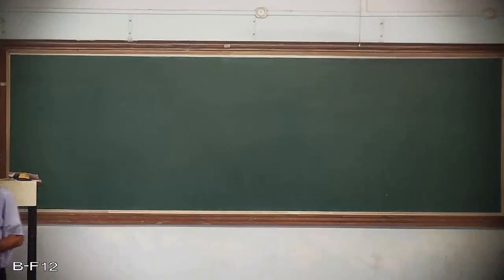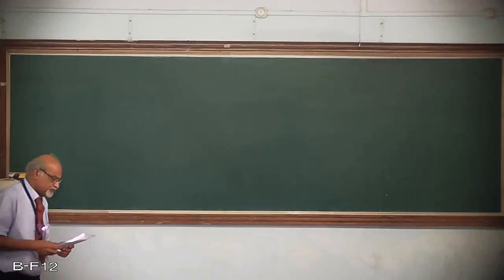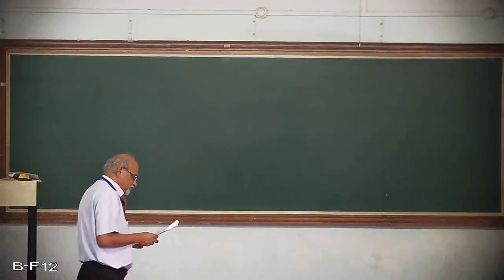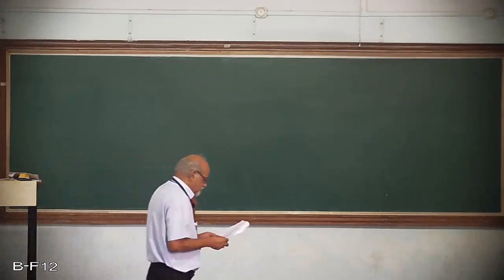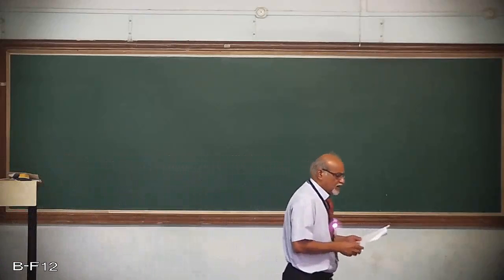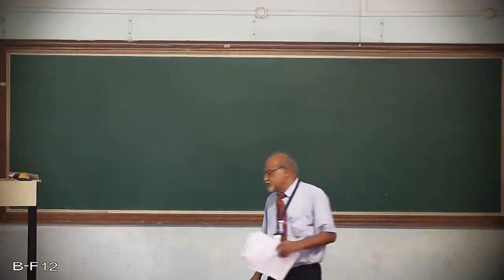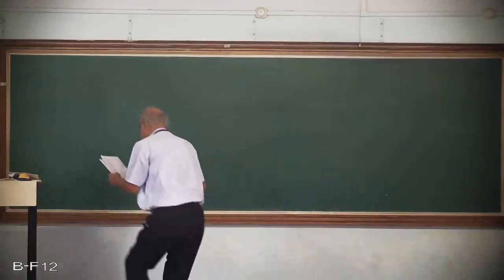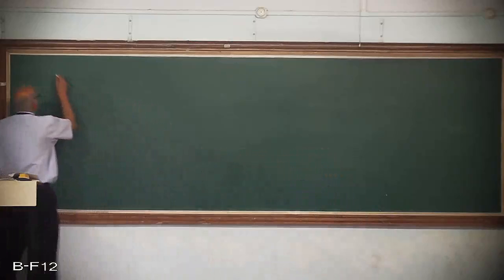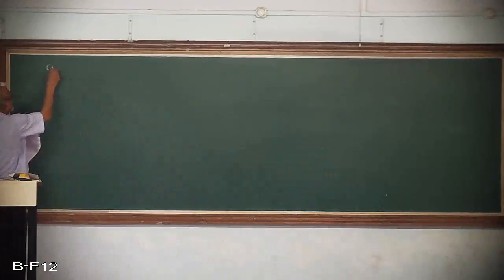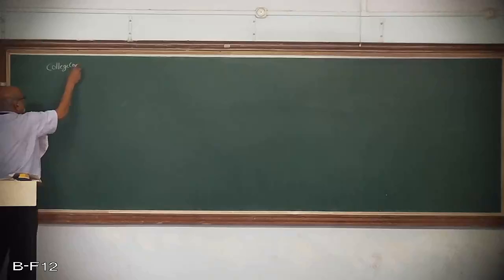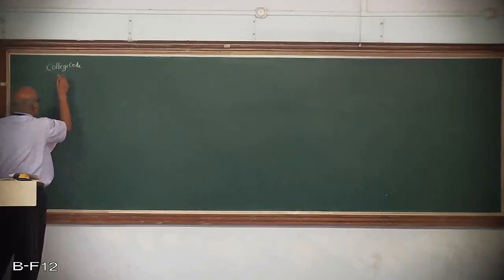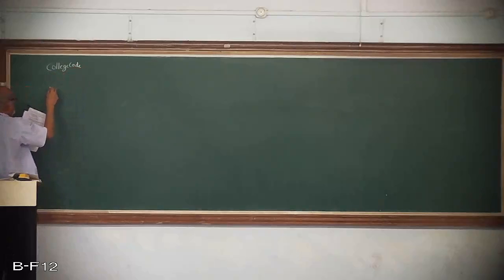The count of failures (15 colleges) are as follows. So this is the college code, and the second row is the number of failures.